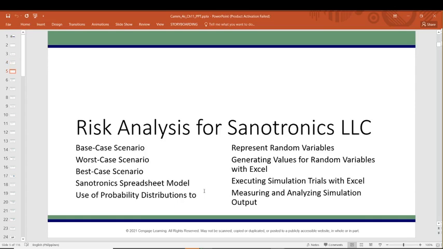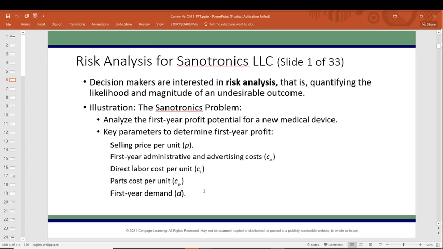So in the risk analysis for Sonatronics LLC, we're going to identify the best case scenario and the worst case, build the Sonatronics spreadsheet model, use probability distributions to represent random variables, generate values for random variables with Excel, execute simulation trials with Excel, and measure and analyze simulation output.